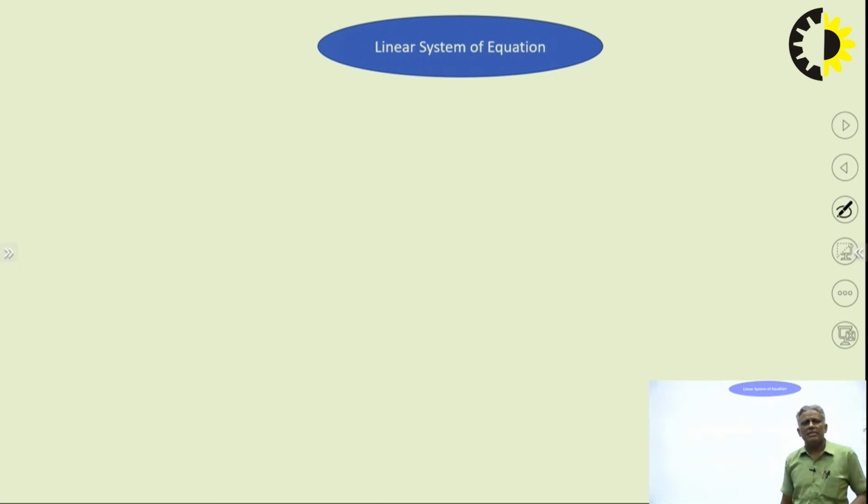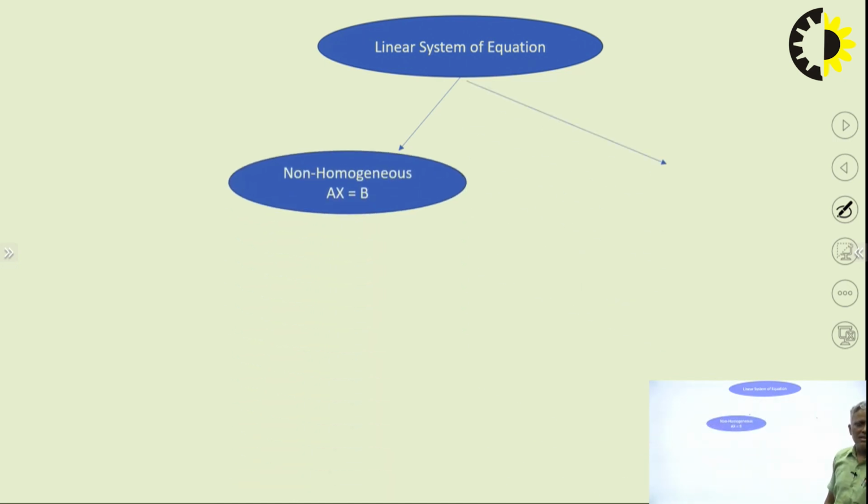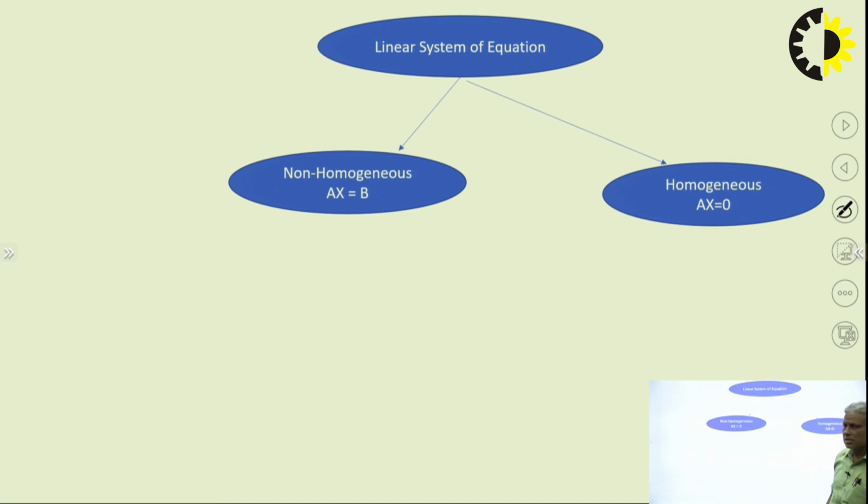Another problem is how to use the rank for a linear system of equations. A linear system of equations can be solved with the help of the rank. First of all, linear systems of equations are divided into two parts. First is non-homogeneous and second is homogeneous. Students study linear systems of equations at the 12th level as well as at the BTech level. But how to calculate, and what is the drawback of the 12th level method?